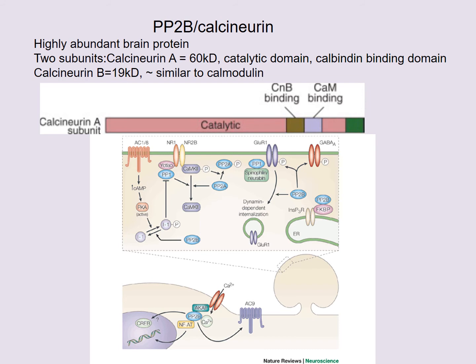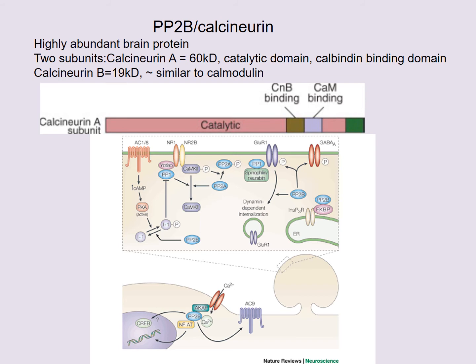And we have here again different intracellular signaling that is regulated by PP2B. On the far left, we have this change in inhibitor protein 1, which, as we have talked, calcineurin PP2B is going to dephosphorylate to activate PP1.